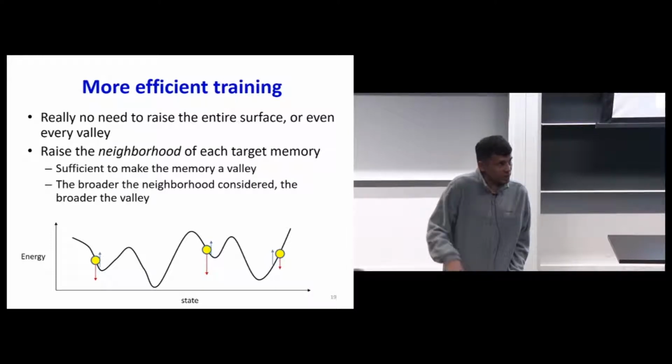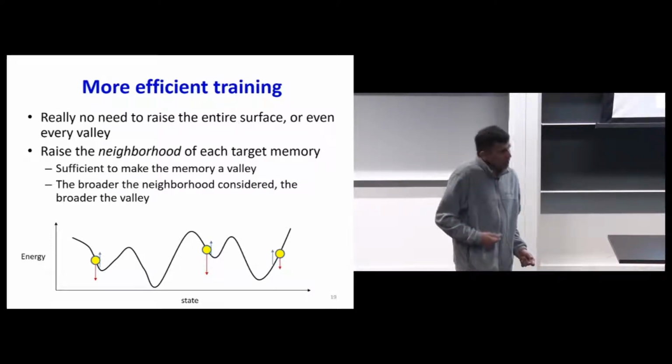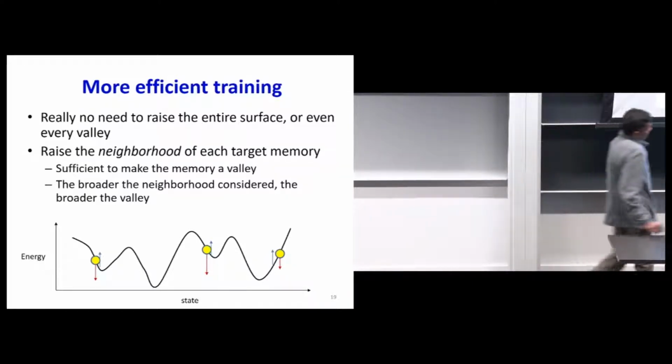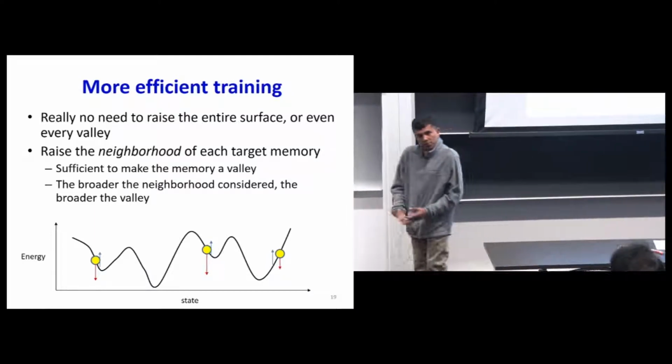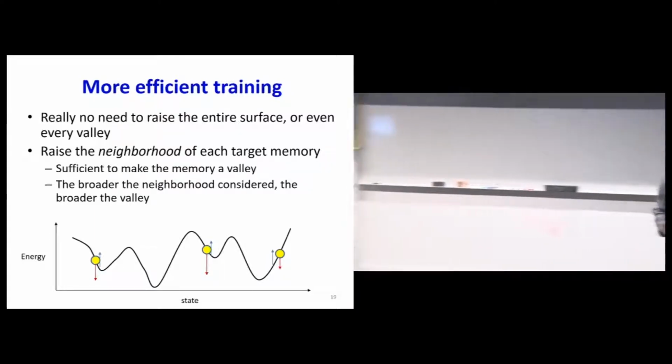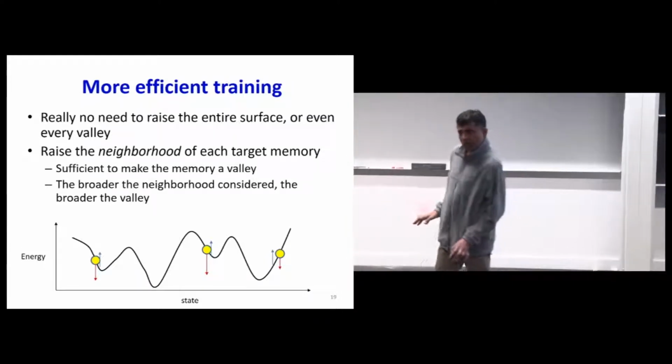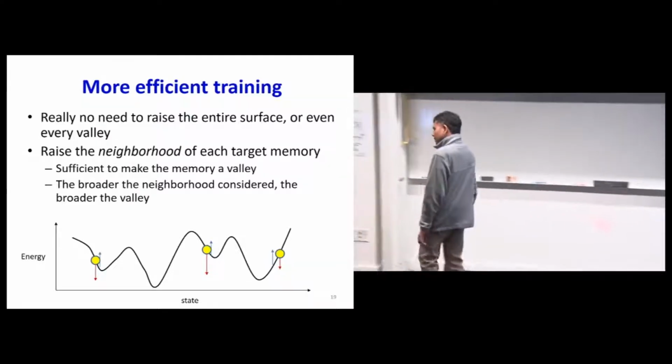So instead of letting the network evolve all the way to a valley and then pulling the valley up, we said we can just let the network evolve for a few steps and then pull that location up, so that you create valleys around the target patterns without potentially compromising other patterns. So all of this was a quick recap from what we saw in the last class, right?